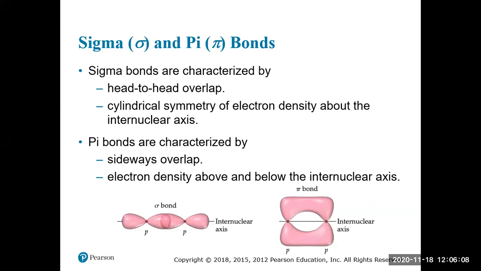Pi bonds are a little different. Their electron density is above and below the internuclear axis, whereas sigma bonds overlap along that axis. So it's kind of like a sideways overlap.